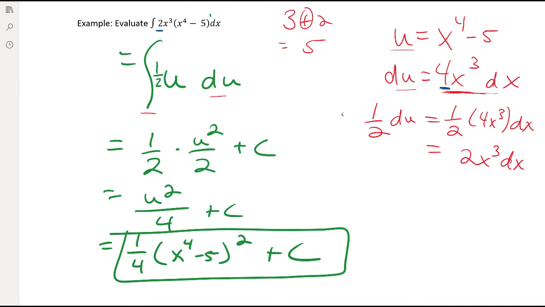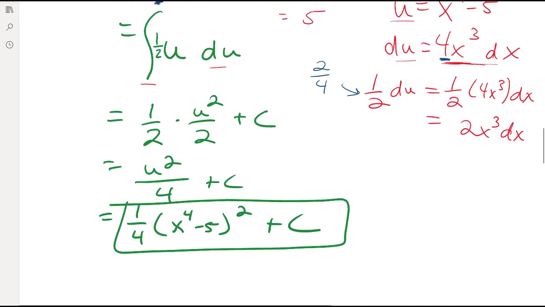So where do we get 1/2 from? It's going to be 2 divided by 4, which reduces to 1/2. So that's a quick way of doing that. You take the coefficient of the differential in your integral, divide it by the coefficient of the differential in your work.